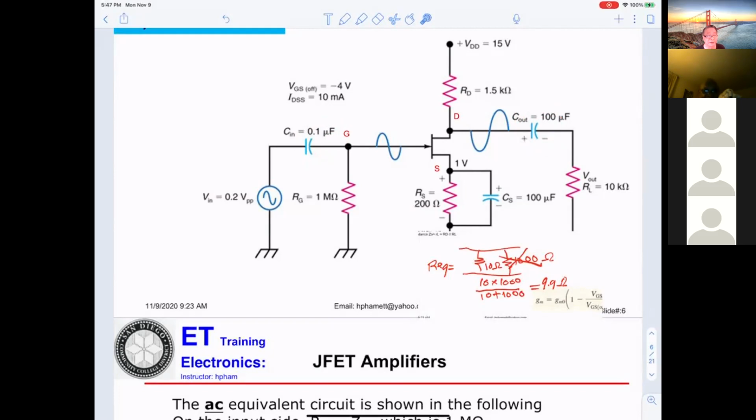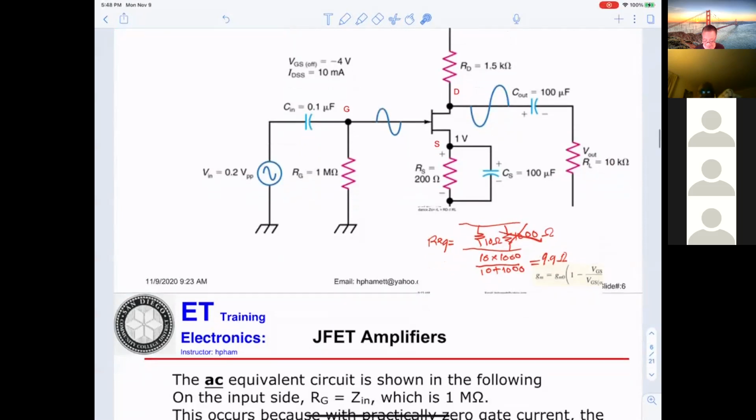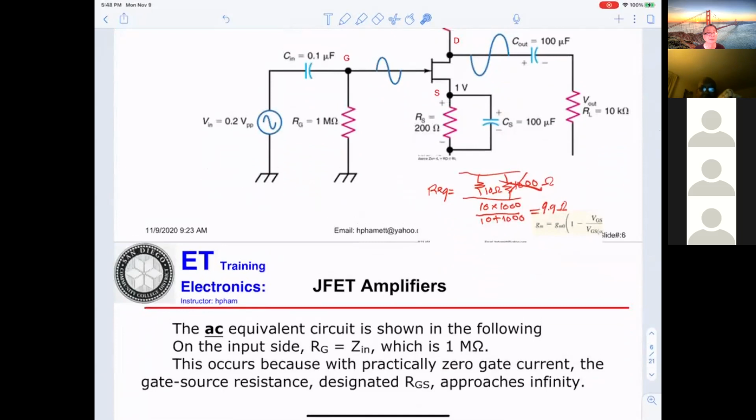At the drain, you get both DC and AC voltage. However, at the load, that means the speaker, you don't want any more DC. So that's why you need that capacitor to block the DC. And the capacitor here is the bypass capacitor, the same as in the bipolar.